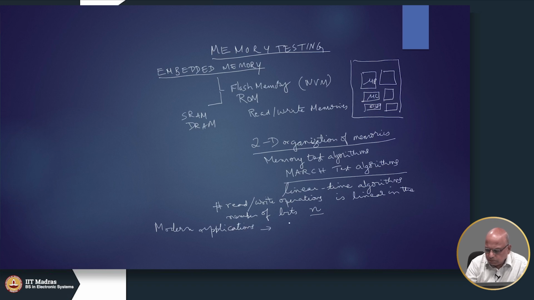For example, your machine learning applications, or neural nets. These are very memory intensive. And as a result, people may have to think of alternate memory organizations.